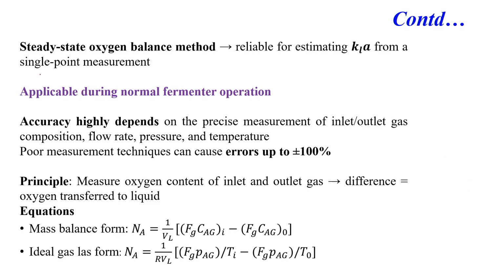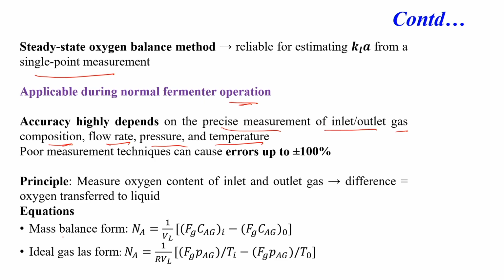Here we are just measuring at a single point, and this method is applicable during normal fermentation operations, because particularly in aerobic fermentation there is always a supply of oxygen. The accuracy of this method highly depends on the precise measurement of inlet and outlet gas composition, flow rate, pressure and temperature.